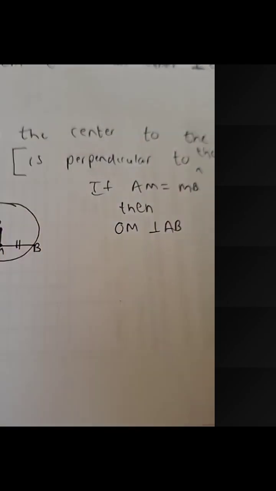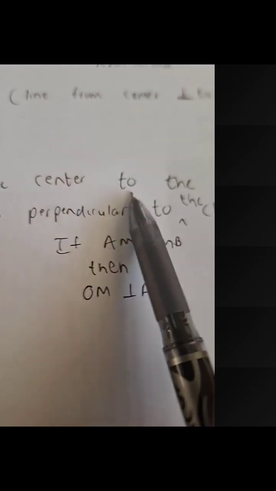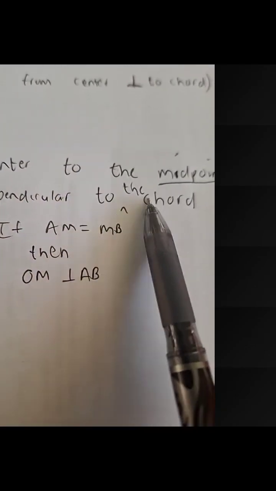The if part of the statement is that if AM is equal to MB, then what? Look at the then part, the result. What is the result? The line from the center to the midpoint of a chord is perpendicular to the chord. That's why we say then OM is perpendicular to AB.